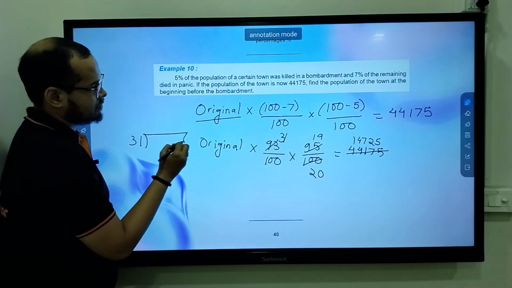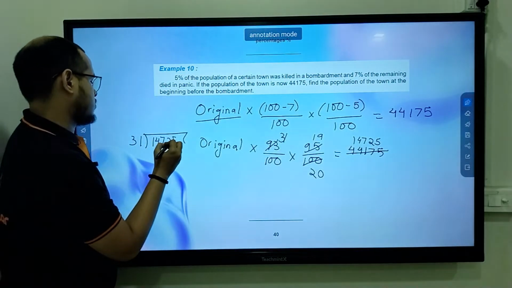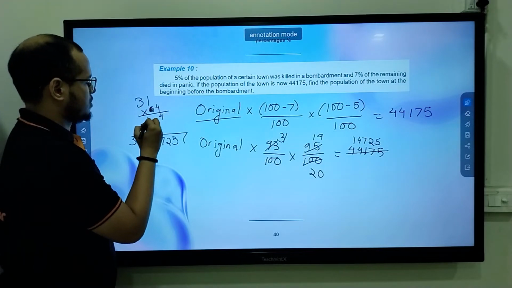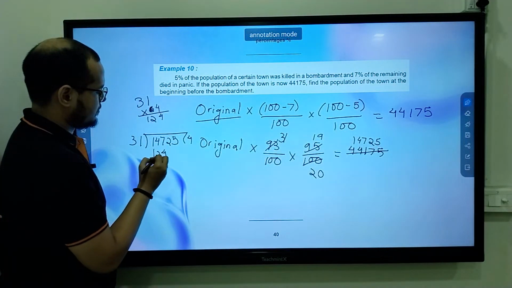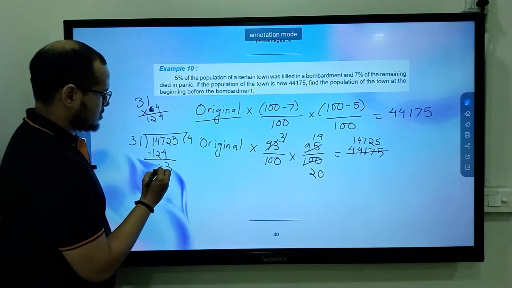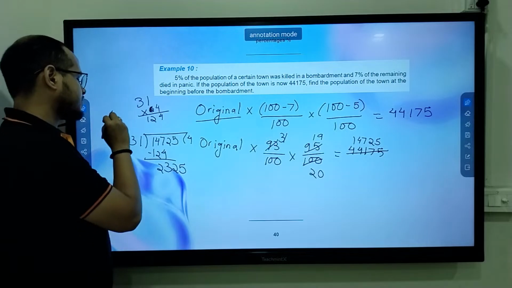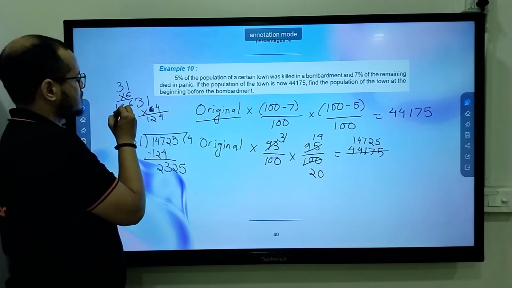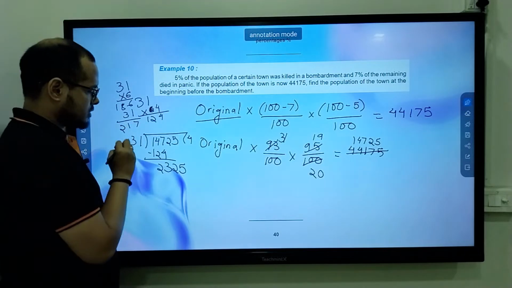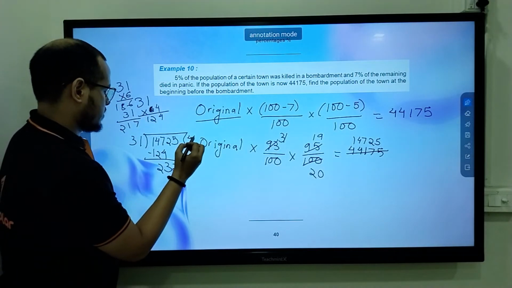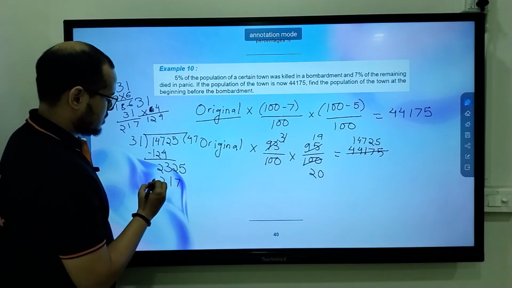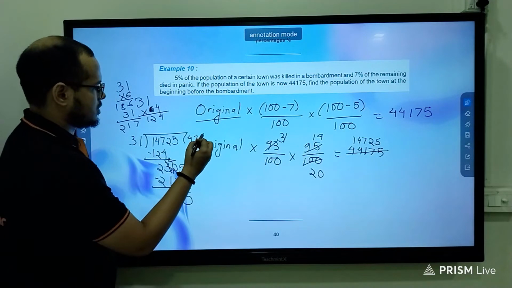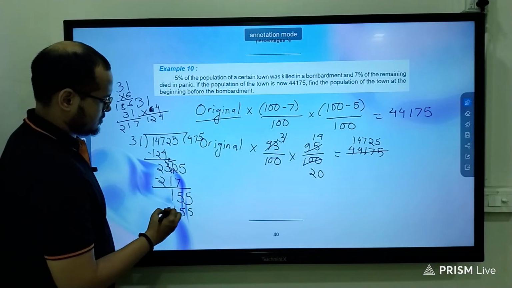So 31 divided into 14,725. 31 into 4 is 124, 31 into 6 is 186, 31 into 7 is 217, 31 into 5 is 155.